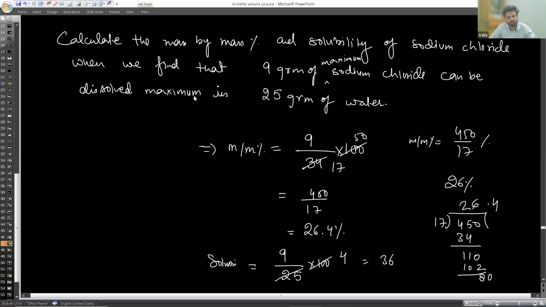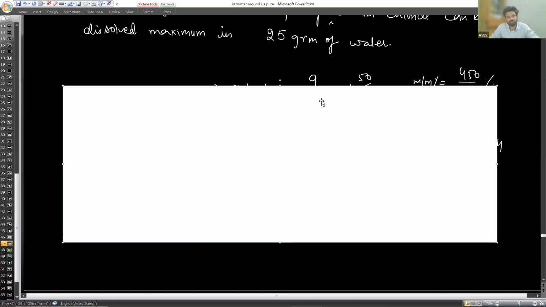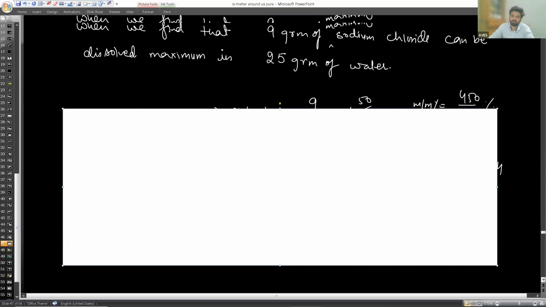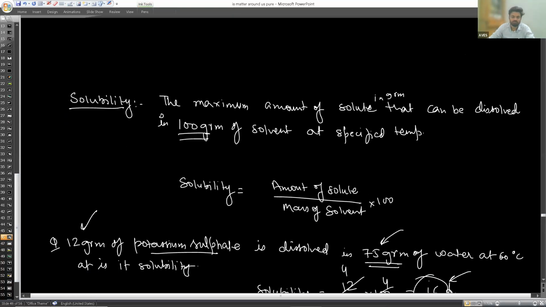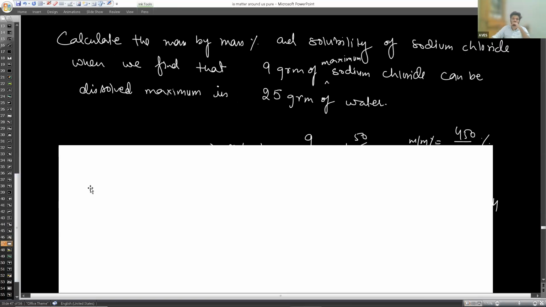Next. Here we have a question. Just try to solve it. Calculate the mass by mass percentage and solubility of sodium chloride when we find that a maximum of 9 gram of sodium chloride can be dissolved in 25 gram of water.